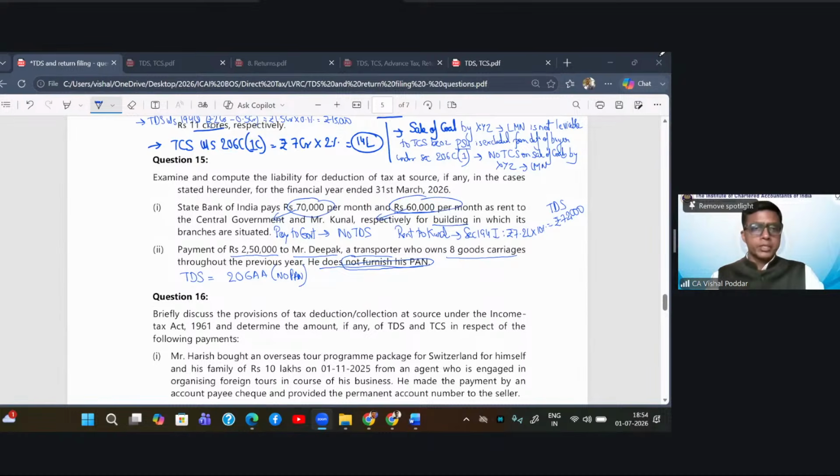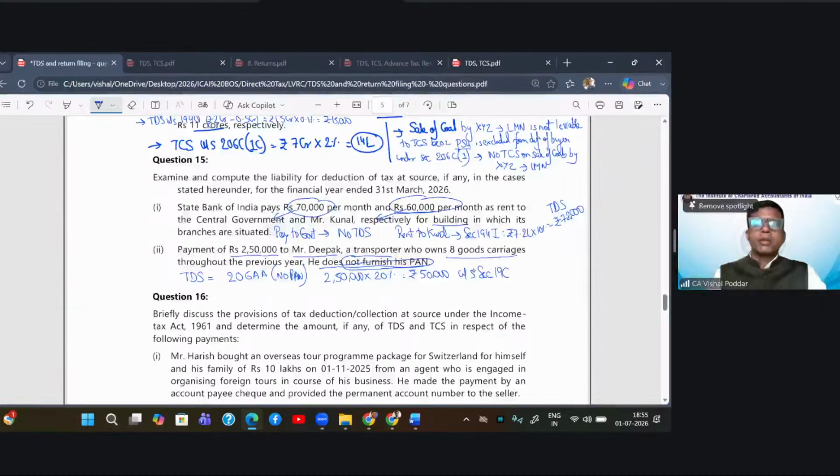But since the person has not given the PAN, TDS is applicable, plus TDS is applicable at a higher rate. So in this particular case, TDS would be deducted at the original rate or 20%, whichever is higher. So 2.5 into 2 is 5, so it is 50,000. So TDS is under section 194C, but because of non-submission of PAN, the rate is the higher rate as per 206AA.